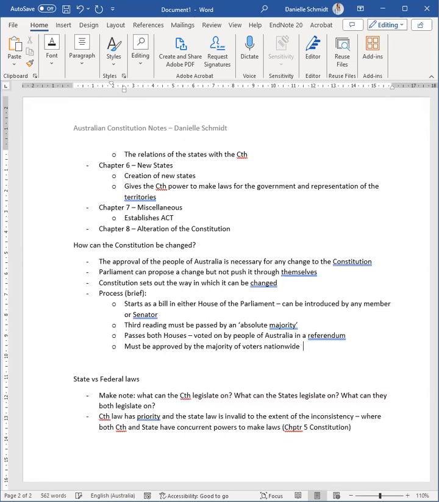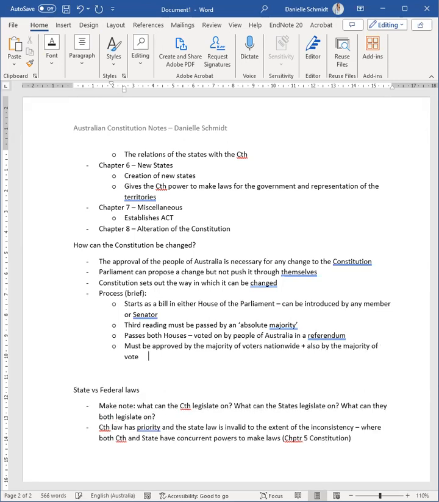So this is where you see those polls on TV. It must be a majority of the states, e.g. at least 4 states. If a proposal affects an individual state rather than all states generally, the proposal must also obtain majority approval in the state concerned.